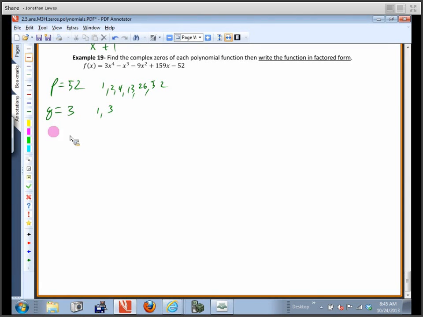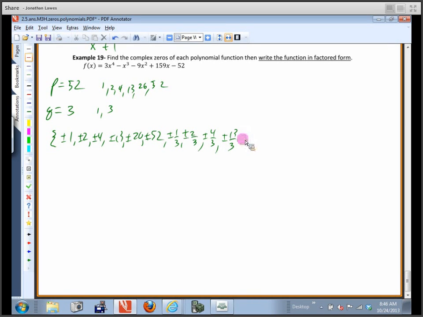So if I listed the possibilities, plus or minus 1, plus or minus 2, plus or minus 4, plus or minus 13, plus or minus 26, plus or minus 52, and then each one of those over 3. So plus or minus 1/3, plus or minus 2/3, plus or minus 4/3, plus or minus 13/3.